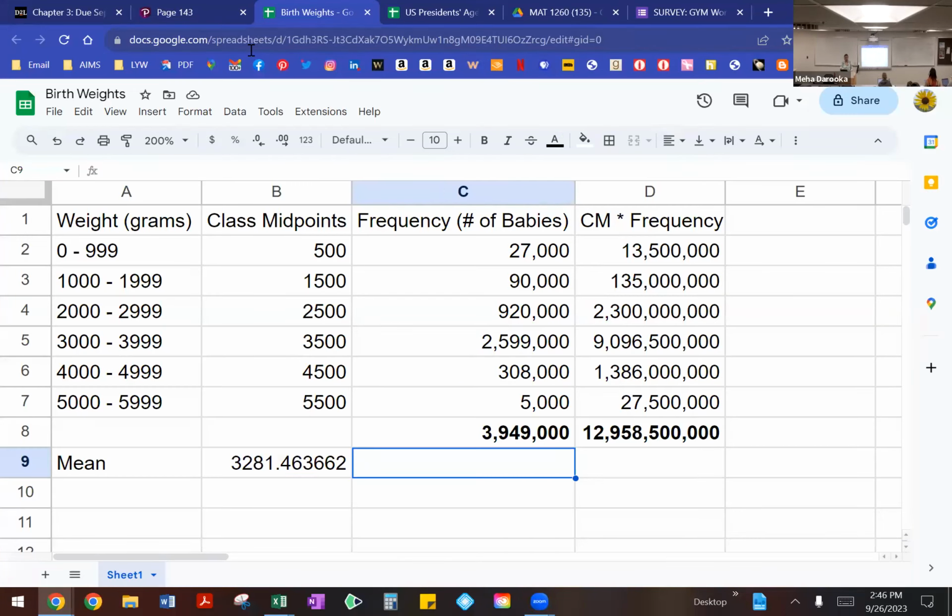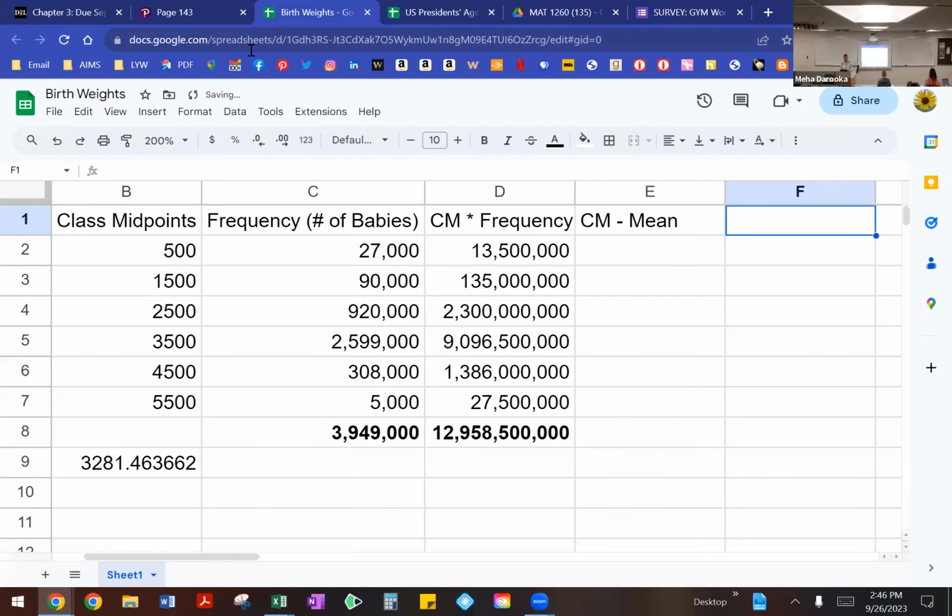We have calculated the mean here, so we're good to go. So let's say this will be class midpoints minus the mean as our next column. And then we will need to create one more column where we square these numbers. So it's going to be the square calculation.